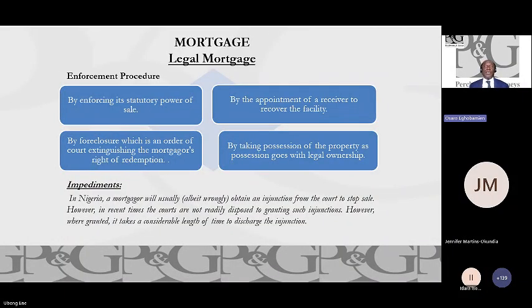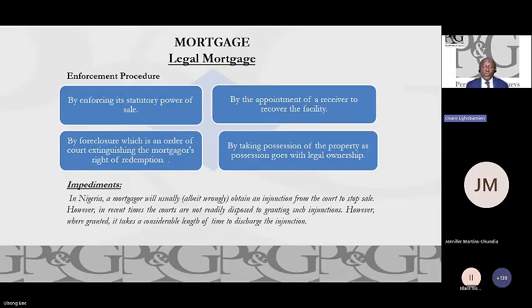In other words, the idiom that we all came to imbibe in our first year law courses was that once a mortgage, always a mortgage and remains a mortgage. That principle continues to remain sacrosanct. And that's the beauty of a legal mortgage.